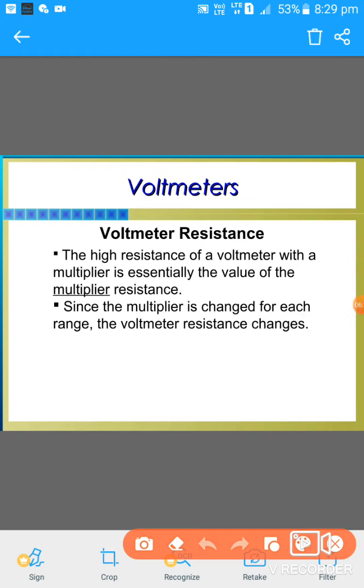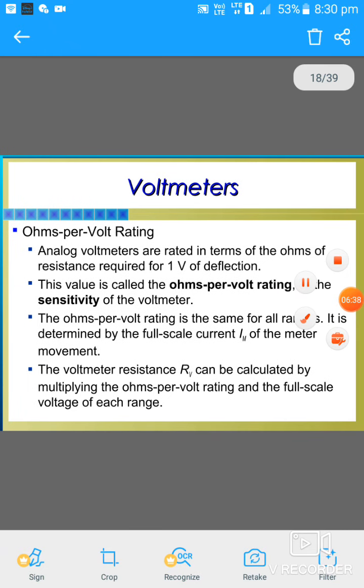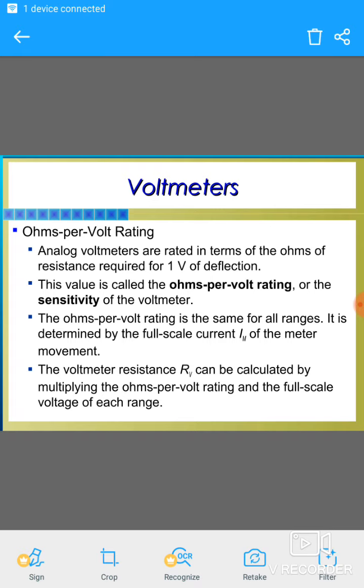So student, when we connect many resistances in series, the high resistance of the voltmeter with a multiplier is essential, and since the multiplier is changed for each range, the voltmeter resistance changes.